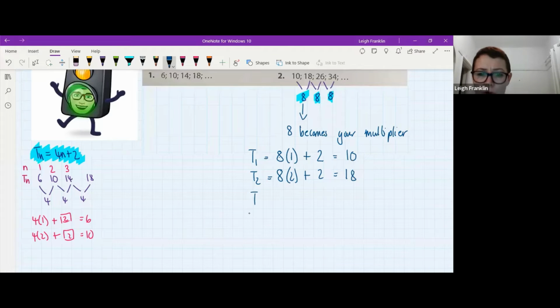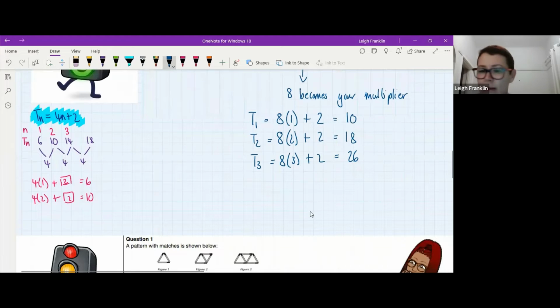Okay, so term 3, when 3 goes in, we take 8, we times it by 3, we add 2, we get 26. So that means, grade 7s, that when n goes in, we take 8, we multiply it by n, our input, and we add 2 to get any term in the pattern.